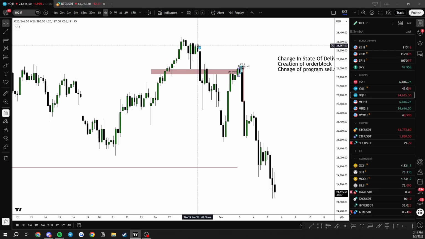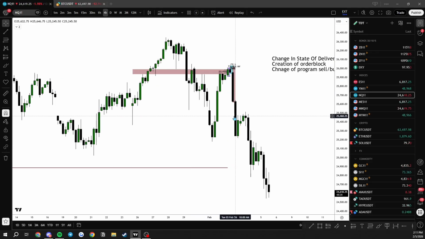AKA candle 2 and candle 3. There's always going to be a change in state of delivery, and there's always going to be an order block in these two candles that you can typically trade. Now, you won't always get the trade if you're waiting for the retest of the order block, but pretty much there's almost always a change in state of delivery.